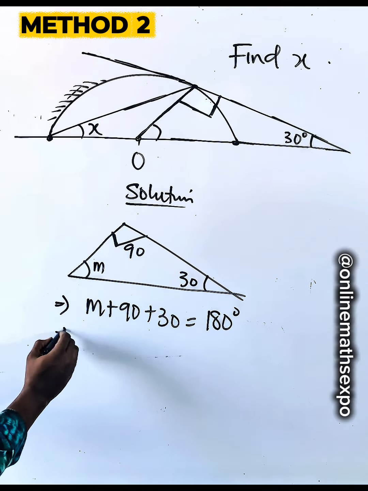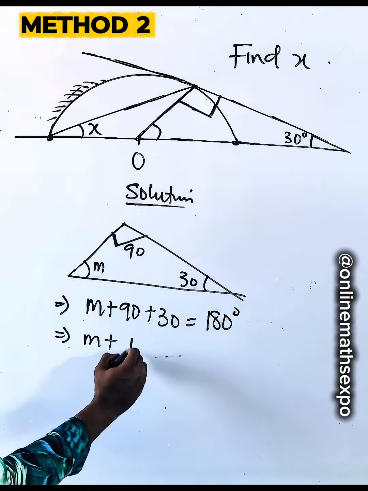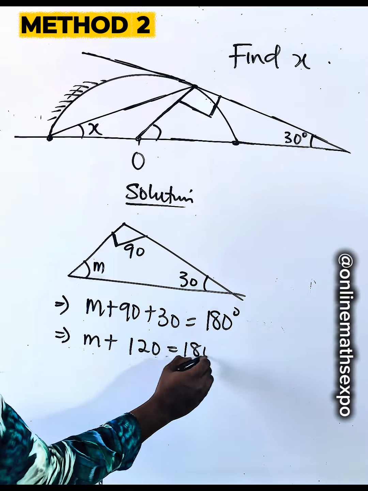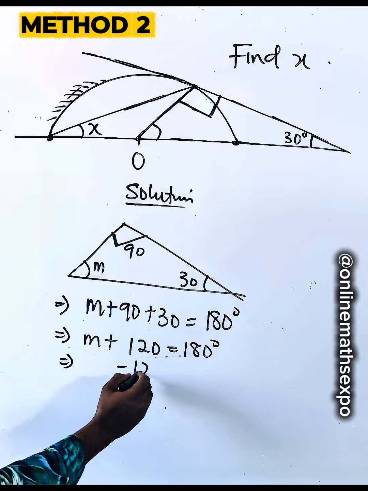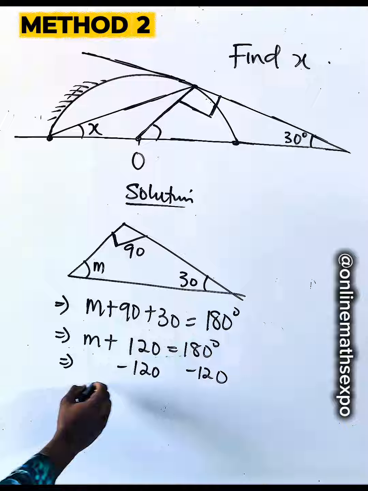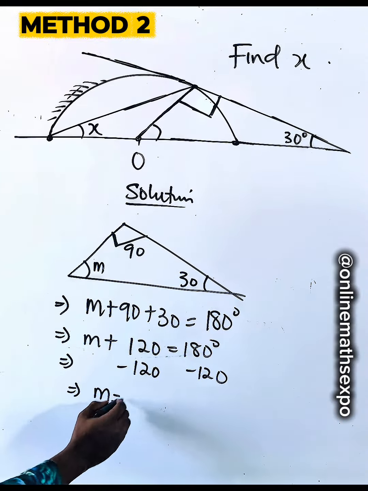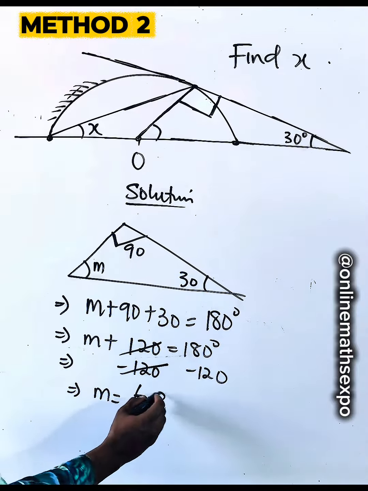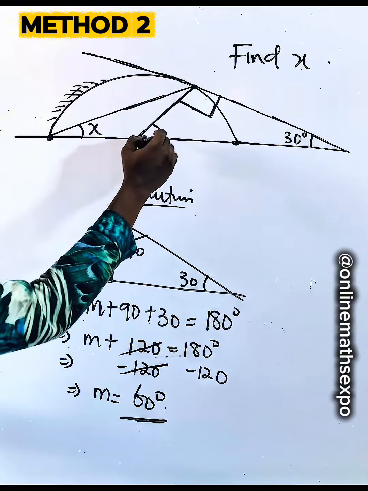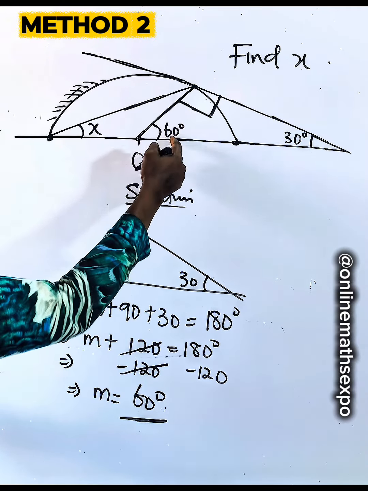This gives us m plus 120 is equal to 180. Now, what do you do next? You subtract 120 from both sides. So m gives us 60. It means that this angle here is 60 degrees.